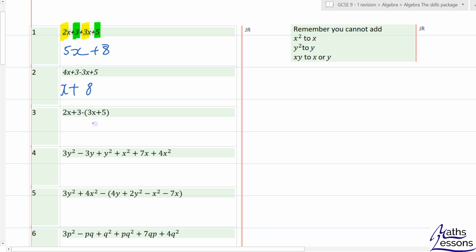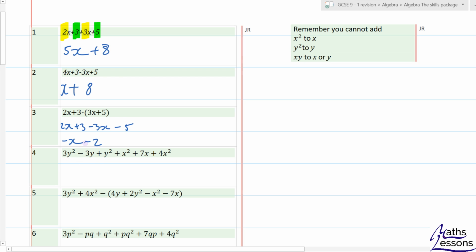Let's just remove brackets first. 2x, and we're going to minus everything in here. So it's minus the 3x, minus 5. A very common mistake is to get an answer of x plus 8. We're going to get minus x, 3 minus 5, minus 2. And a common mistake here is minus x plus 8.